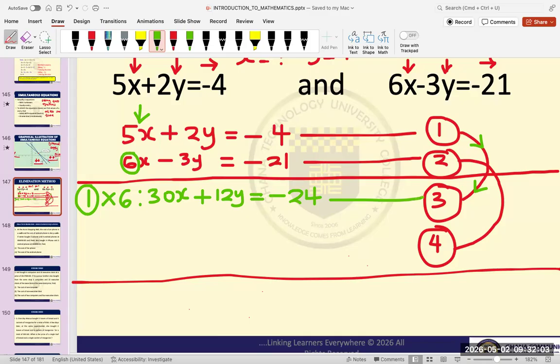I repeat, in changing equation 1 to equation 3, stand on equation 1 and look down. What number do you see? 6. Pick the 6 and multiply it by the whole of equation 1. You have 30x plus 12y equals negative 24. And that becomes your equation 3.